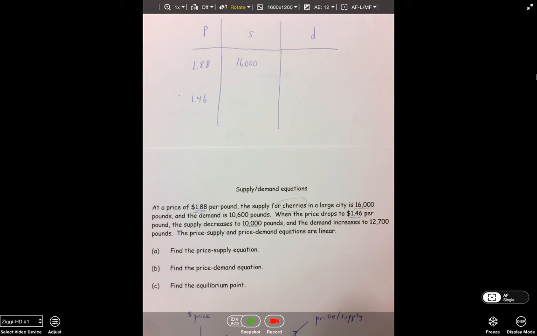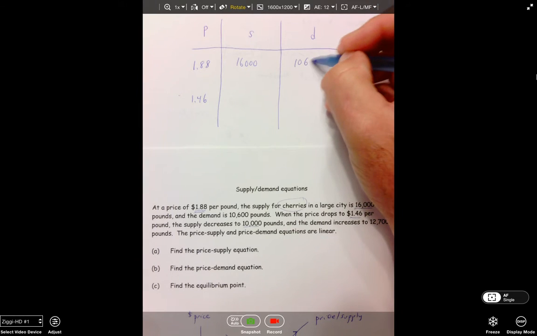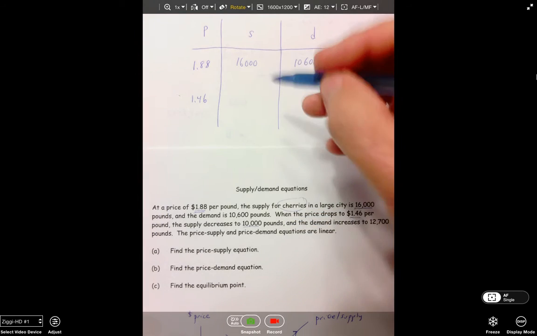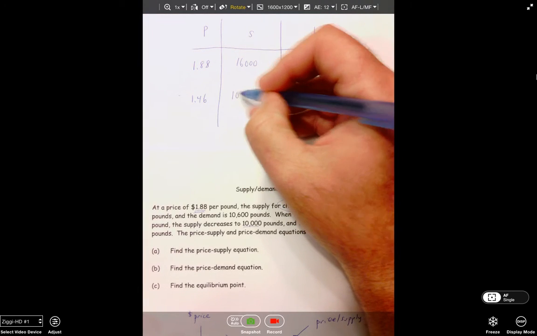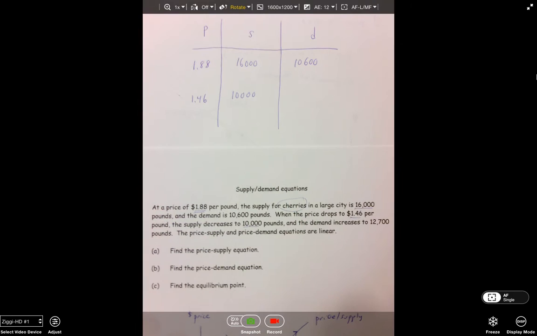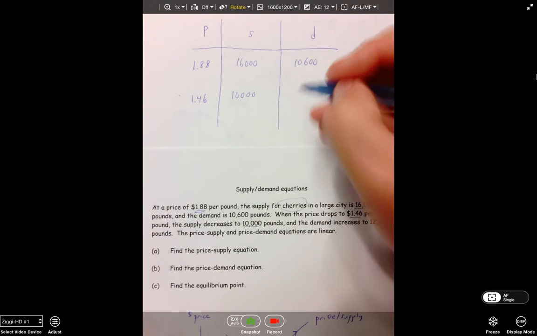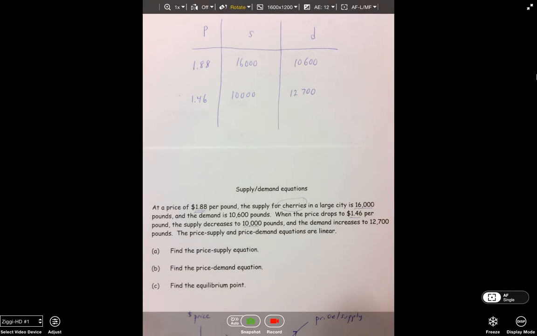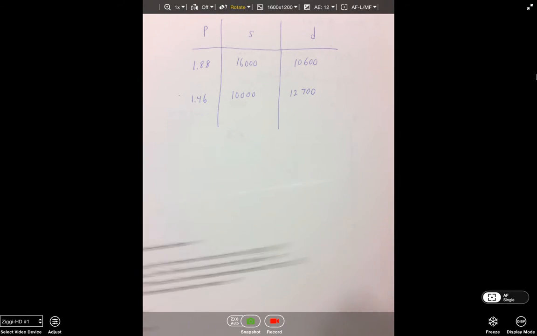and we know that the demand is 10,600. When the price is $1.46, the supply decreases to 10,000, and the demand increases from 10,600 to 12,700.